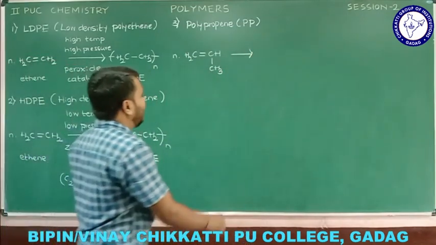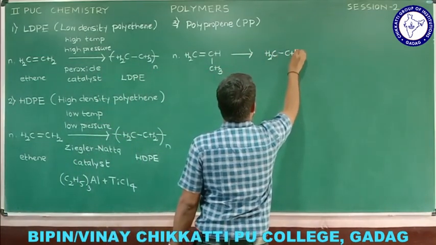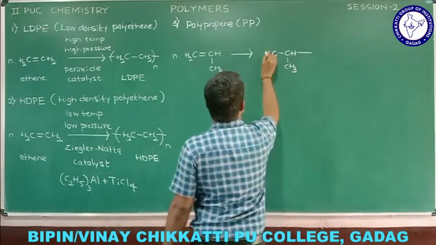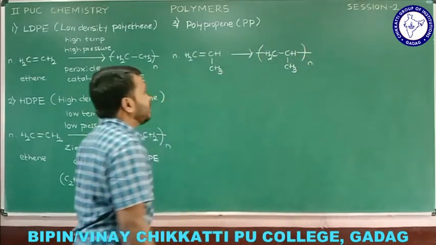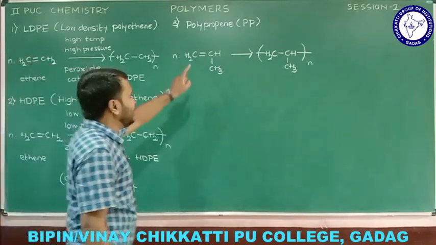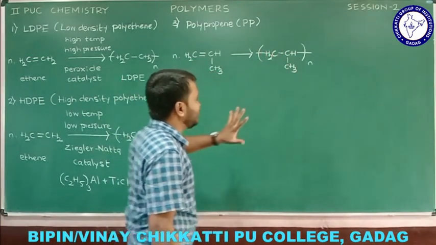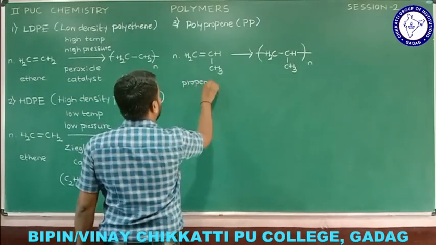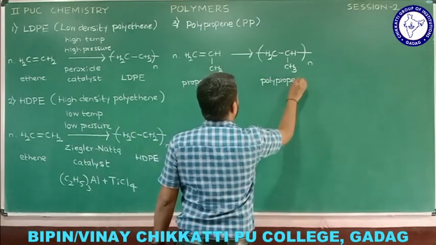I told you that one, and we are going to get the structure of polypropylene, right? So what happened actually, the carbon-carbon double bond has converted into a carbon-carbon single bond, tetravalence nature is satisfied, and this we call propene, and this we call polypropene.